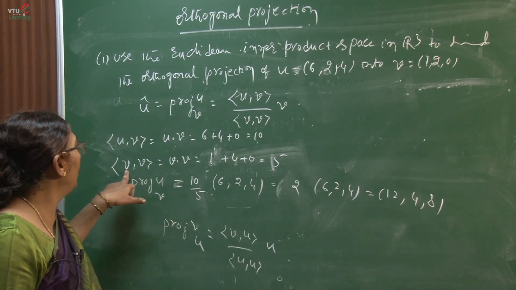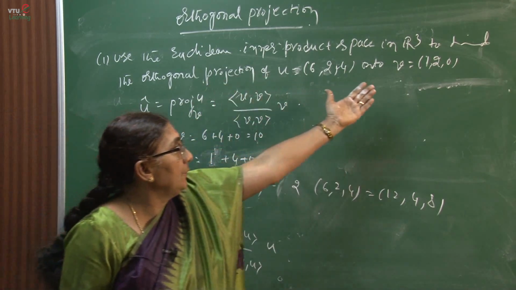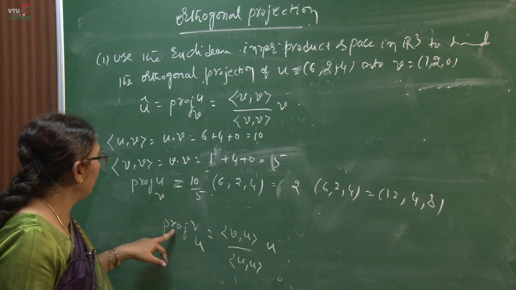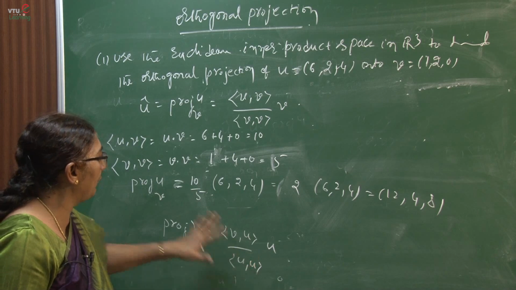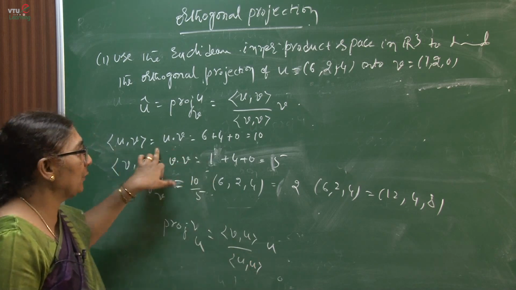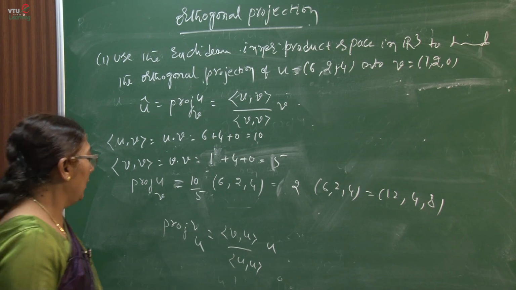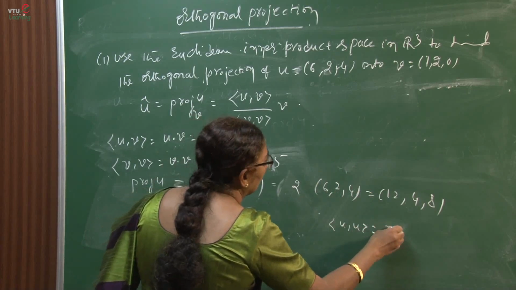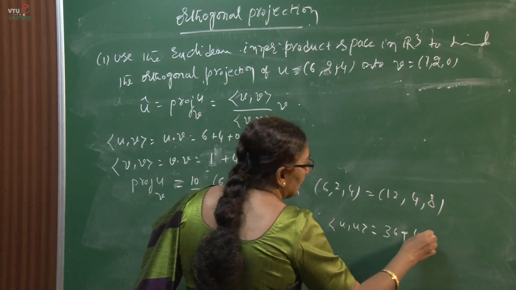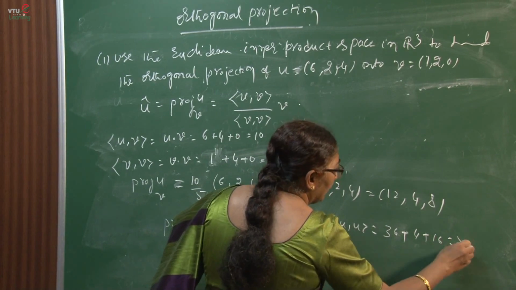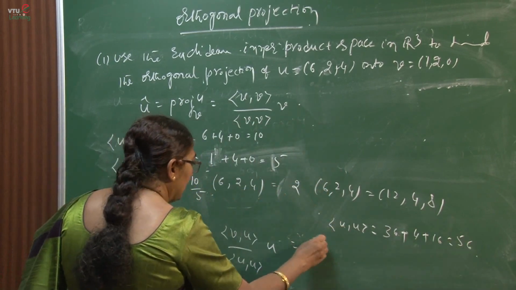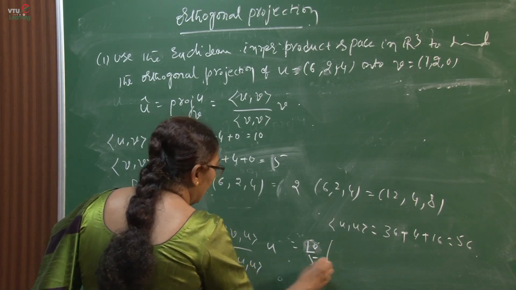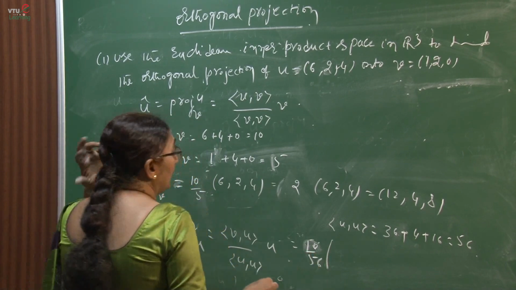The inner product of v comma v is v dot v, which is 1 square plus 2 square plus 0 square. For proj of v with respect to u, you have the inner product of v comma u, which is the same as u comma v, 10. Only find the inner product of u comma u. Just now we calculated it: 36 plus 4 plus 16, which is 56. So it is 10 divided by 56 into this.